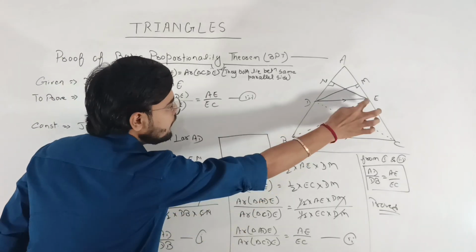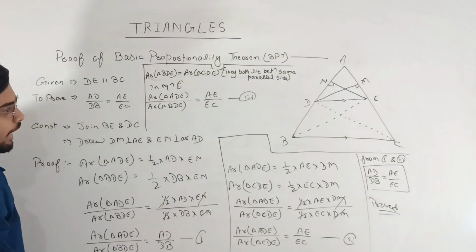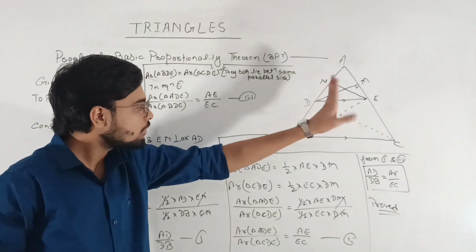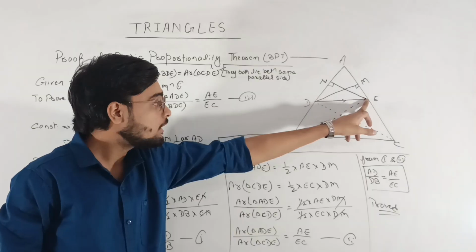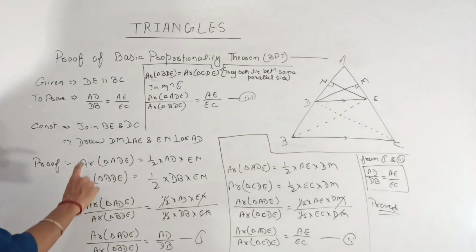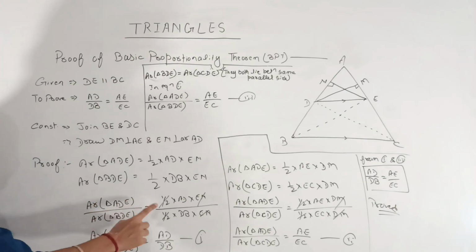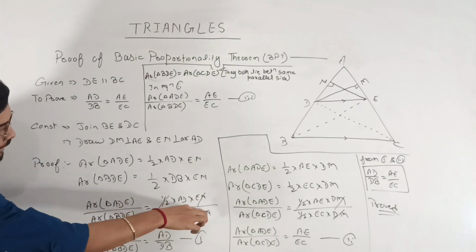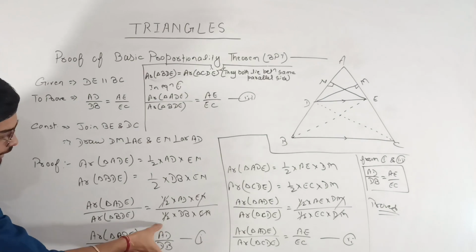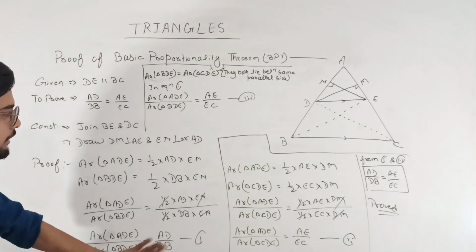I take base as BD and height is the perpendicular from the opposite vertex. So opposite is E, so EN is height. So half into DB into EN. Now I find the ratio of these two areas. So area of ADE upon area of BDE is equal to half into this and this. Half and EN cancel. Then we have AD upon DB. This is my equation first.